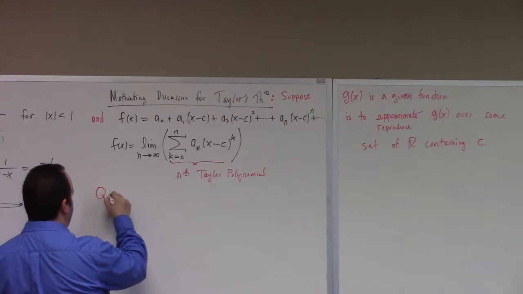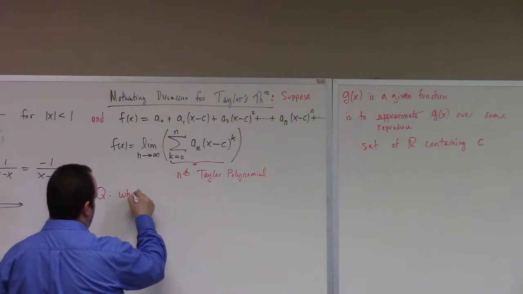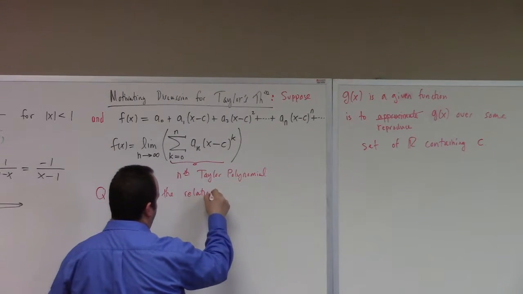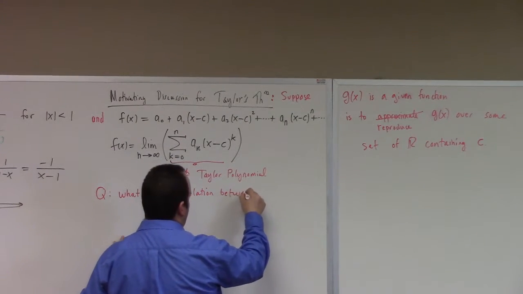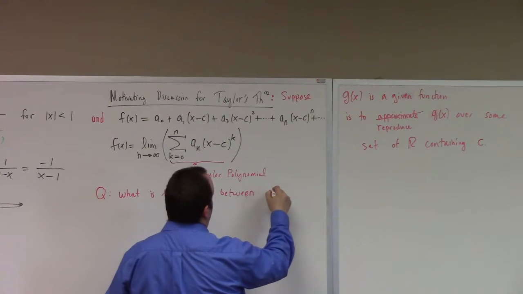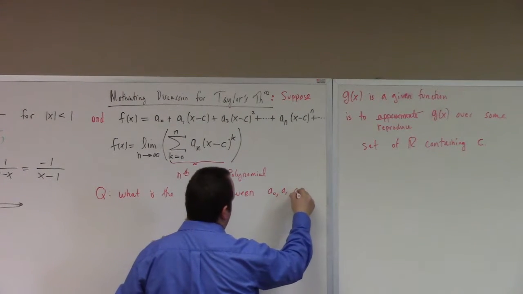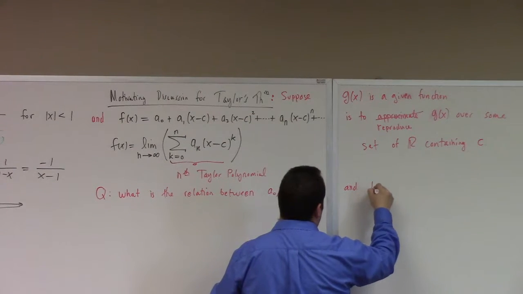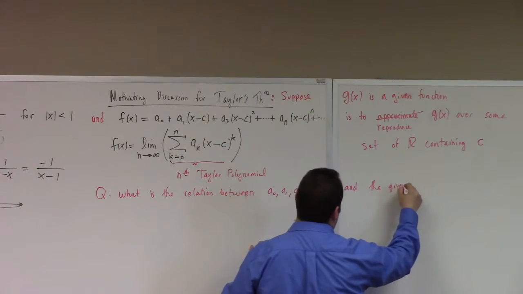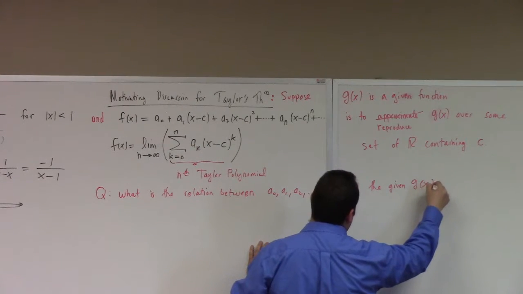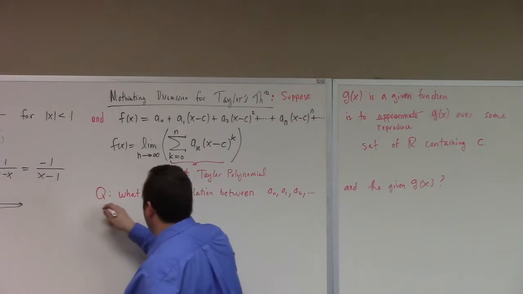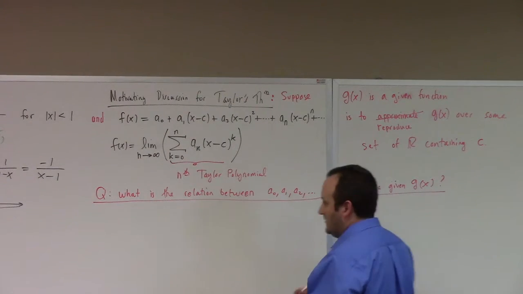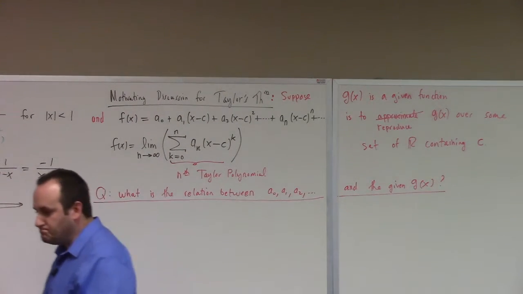Question: what is the relation between a sub 0, a sub 1, a sub 2, and so forth, and the given g of x? Answering that question carefully is exactly what Taylor's theorem does.